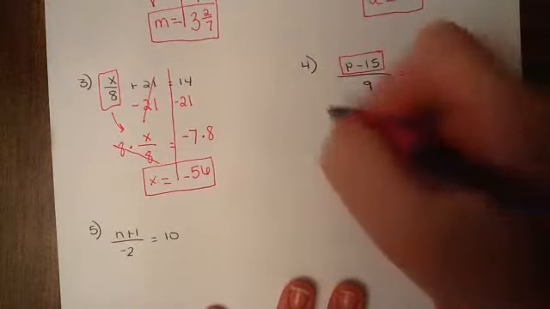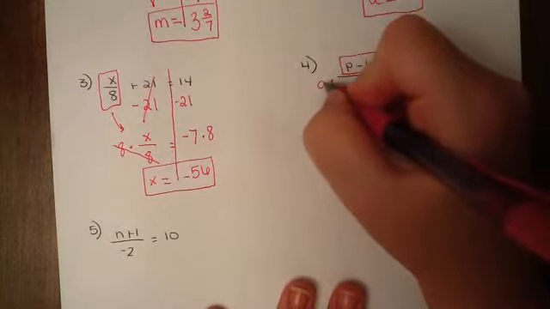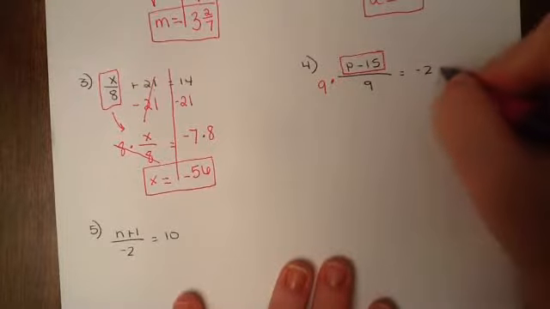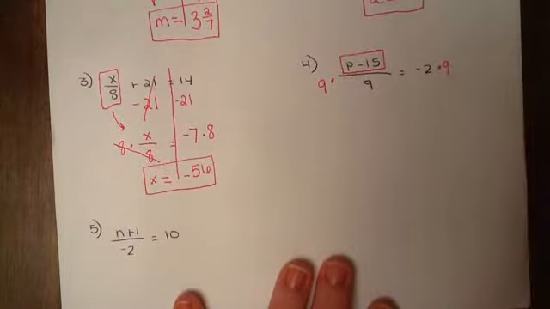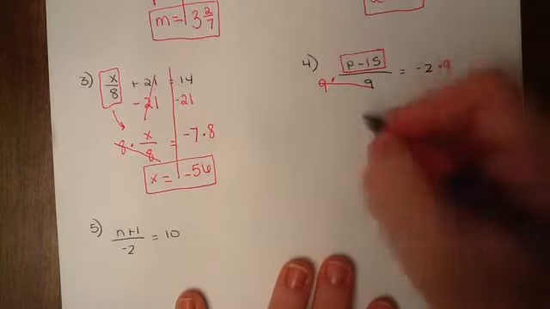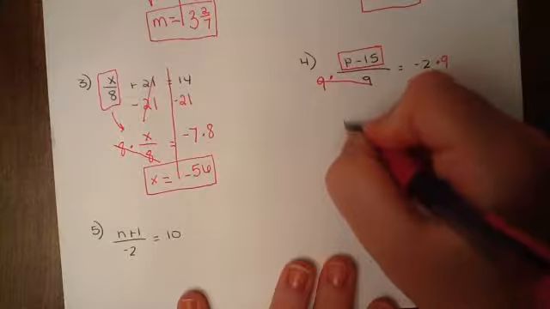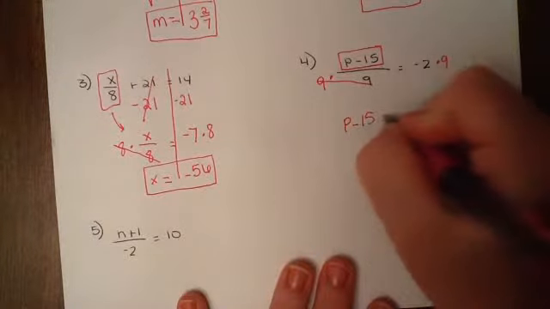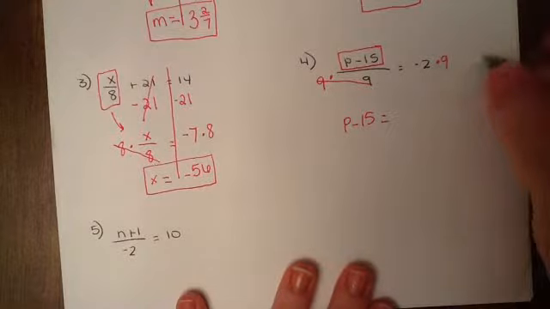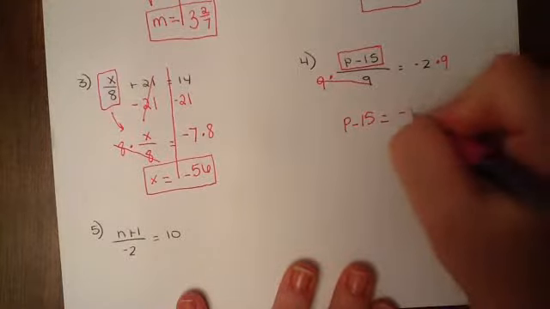How do you get rid of a divide by 9? Times by 9. What you do on one side, must do to the other. These cancel. Bring down the p minus 15. And that is going to equal negative 18.